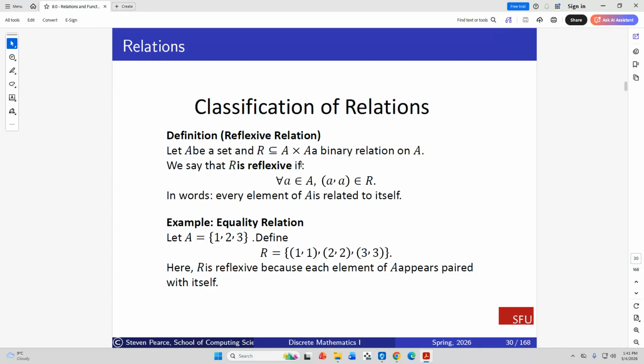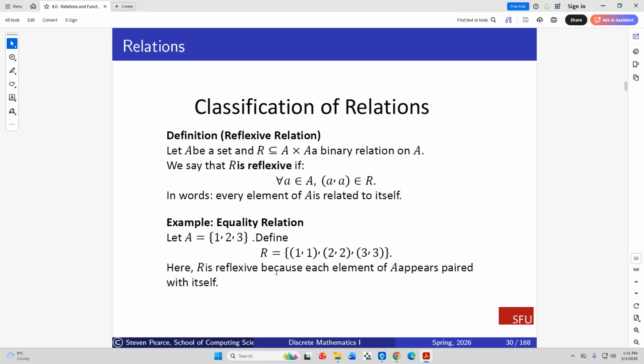We say R is reflexive if for all a in A, (a, a) is in R. So every node has a loop on it. For every element there's a loop. In other words, every element is related to itself.